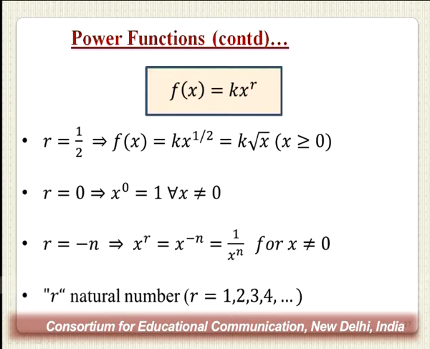Sorry, let me back up. So this is x to the power 0. I'm taking k equal to 1, and if I take x to the power 0, then in an expression like this, I can't take x equal to 0 because 0 to the power 0 is not defined. So in situations like these, we are trying to avoid getting into situations where we can't take x as negative, or where we can't take x equal to 0.